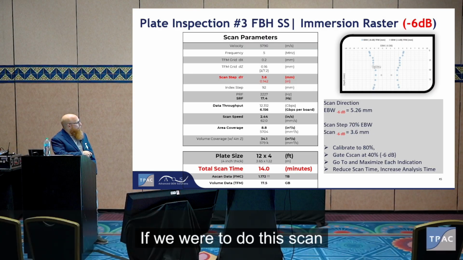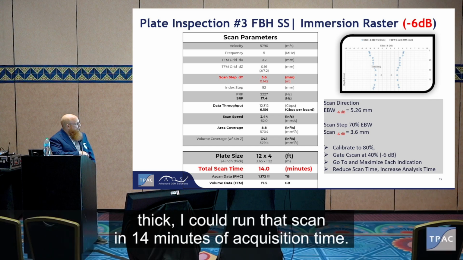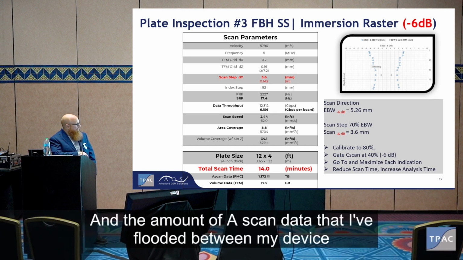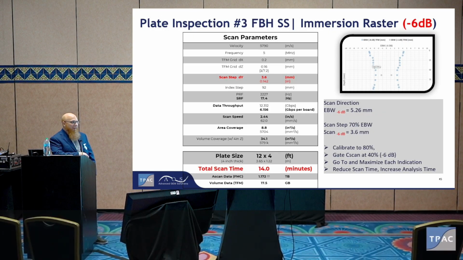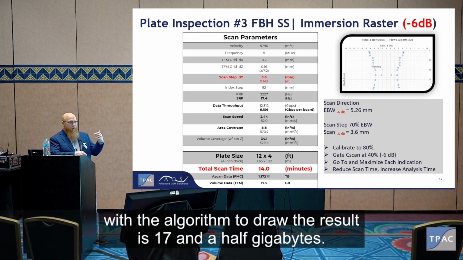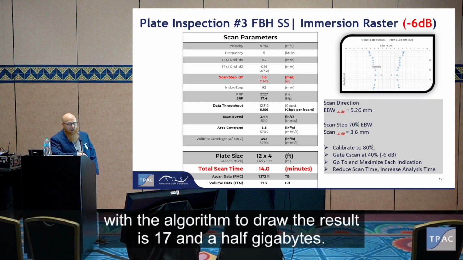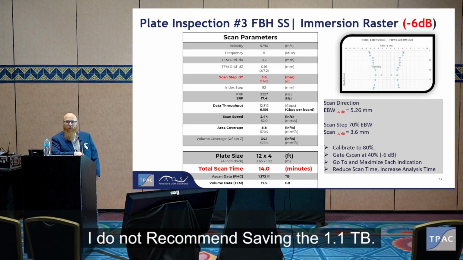If we were to do this scan on a 12 foot by 4 foot plate, 4 inches thick, I could run that scan in 14 minutes of acquisition time. And the amount of A-scan data that I've flooded between my device and my computer is 1.1 terabytes. The volume of data that I have reconstructed with the algorithm to draw the result is 17.5 gigabytes. This can be saved locally. I do not recommend saving the 1.1 terabytes.